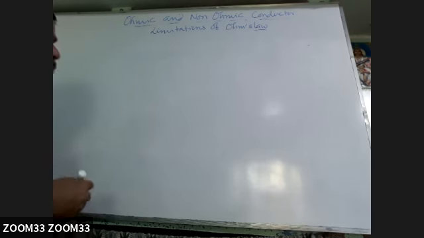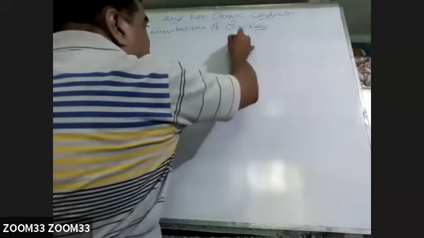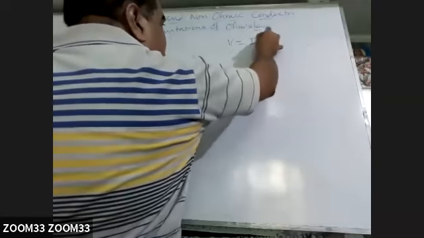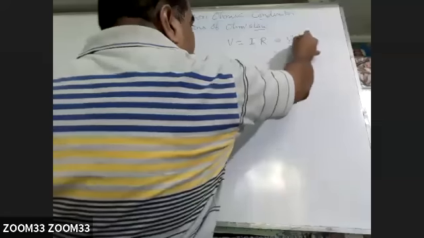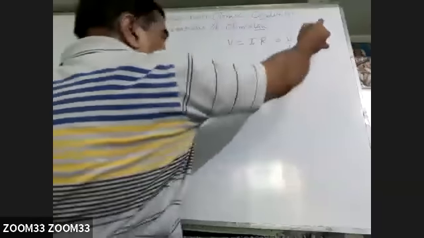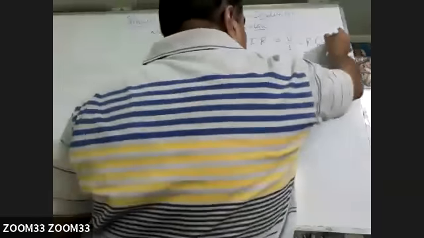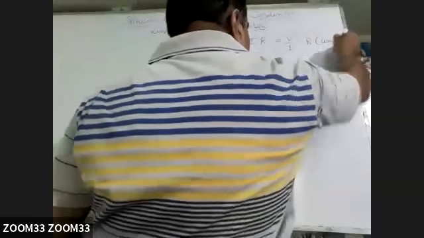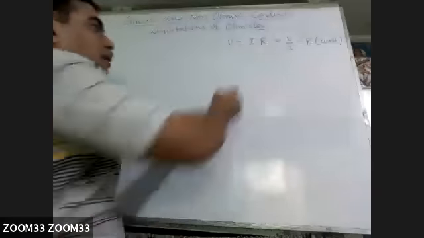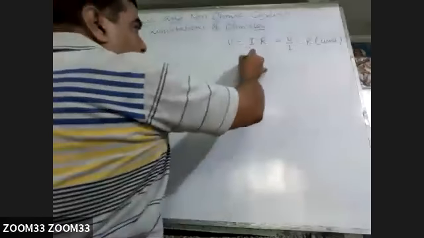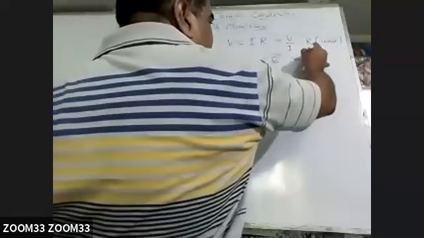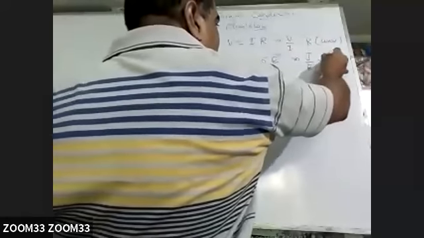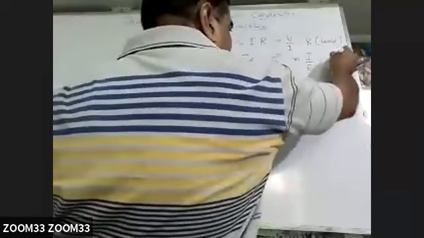So you know Ohm's law says V is IR, or V over I is R, which is constant. Or we say J is sigma E, that is also Ohm's law. So this says J by E is sigma, which is constant.